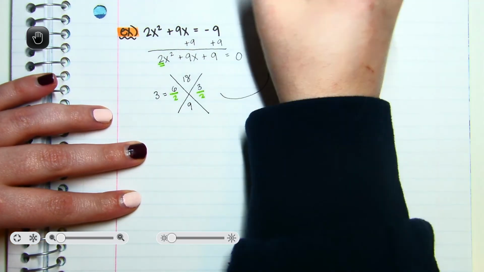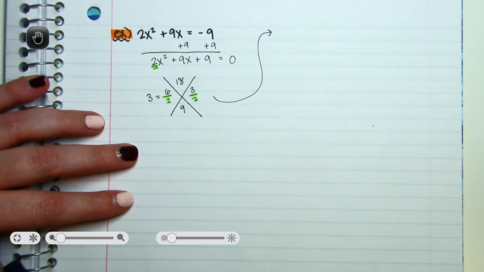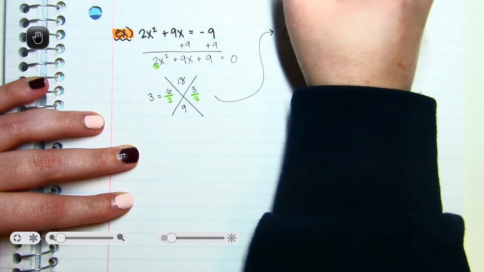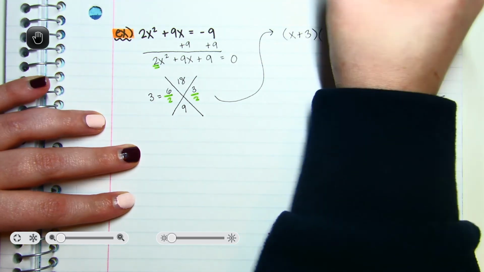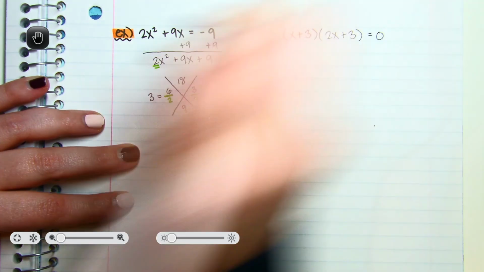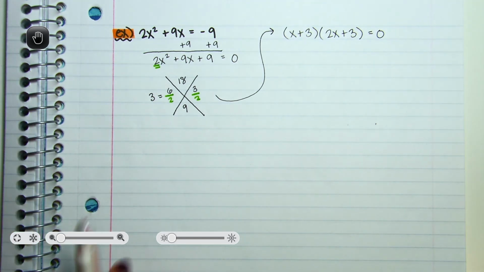So when I write this out, I'm going to bring it up here just to make more efficient use of the space. I'm going to have x plus 3 times 2x plus 3 equals 0. I want you to go ahead and push pause and try solving for both of these on your own.